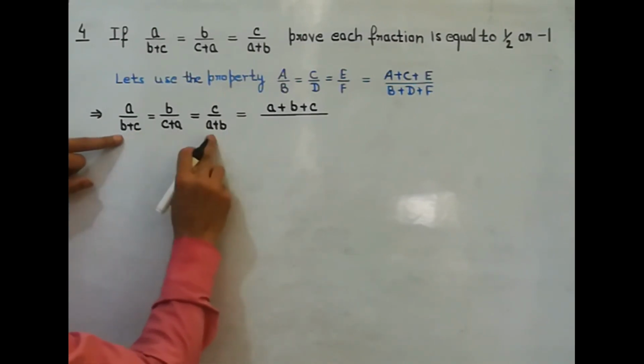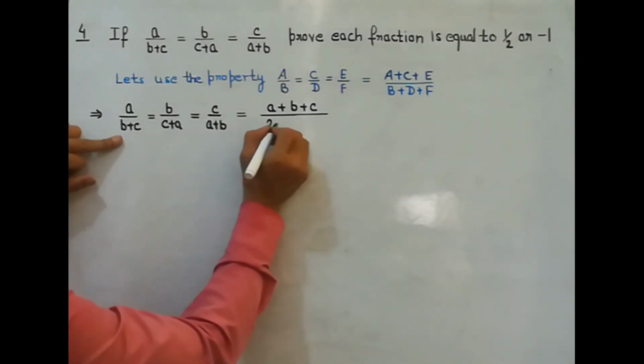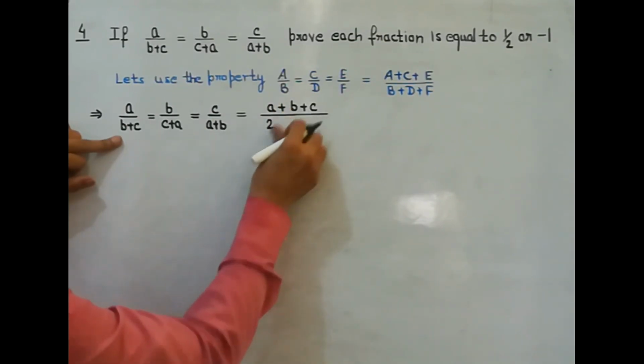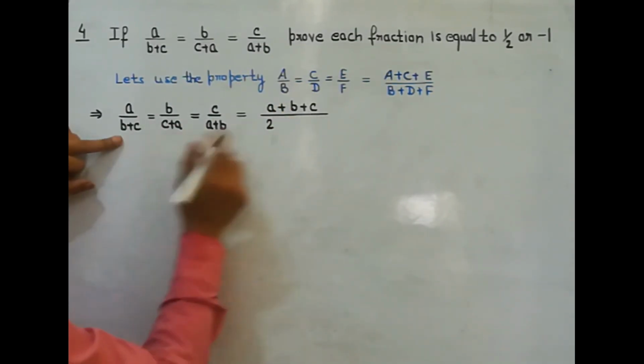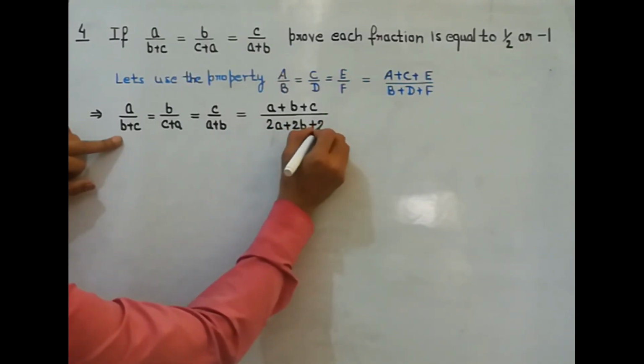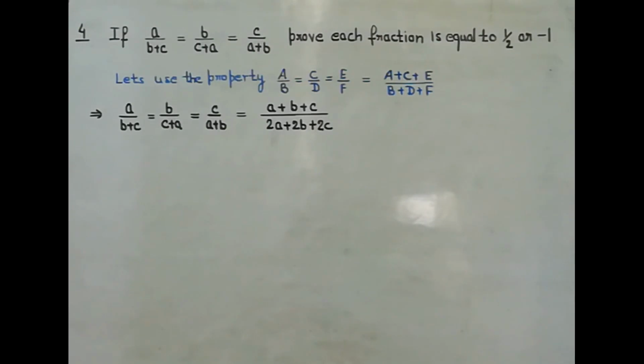So if you add these, you will be getting twice of, I will show you the working here. You are adding here these, so A plus A, 2A plus 2B plus 2C. Hope this is clear to you.